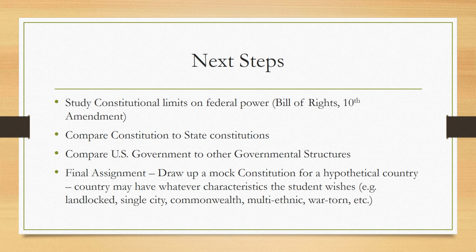Next, the students will compare the United States federal government against both the governments of its individual states and the governments of other foreign nations. The class will end with a final assignment, which is to create a mock constitution for a hypothetical country. The students will be free to create whatever type of country that they wish and simply draw up a government that they think best represents it.